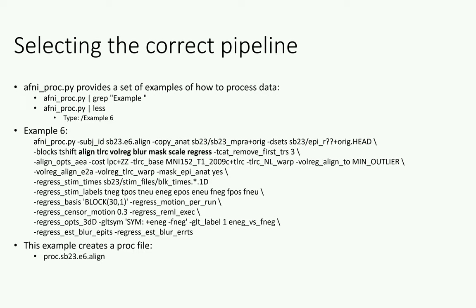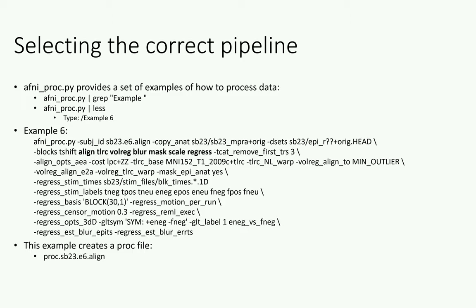If you pipe the help through less, you can search for example 6, and it'll give you some descriptions of the things that are specific to this example at the header when you're going through the help, but I'm just going to focus on the text of that example.